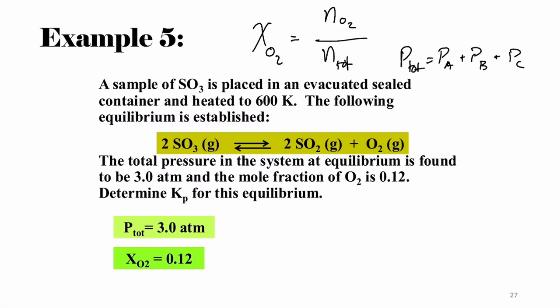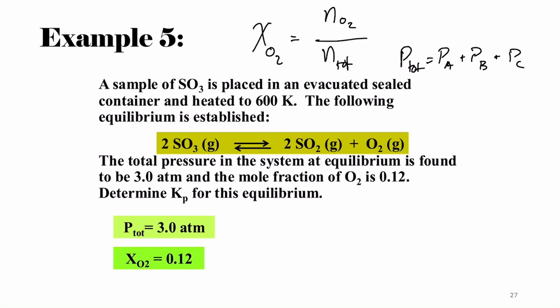Because if you initially start off with all of this, you only have this reactant, and the reaction moves in this direction. If you start off with only SO3, and you're given this much of the mole fraction of O2, how much mole fraction do you think there is of SO2?